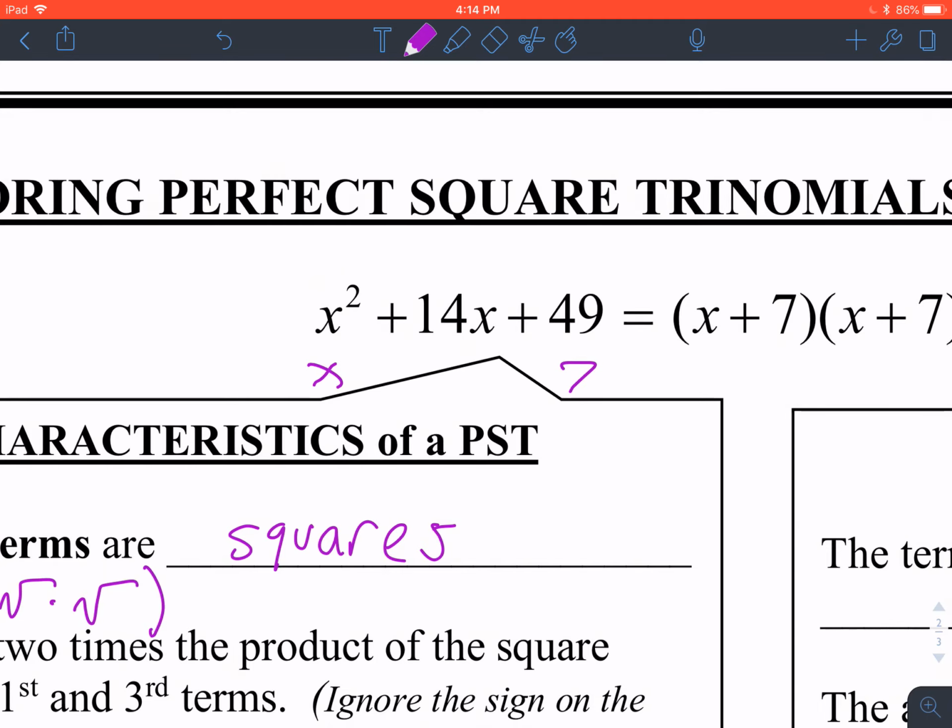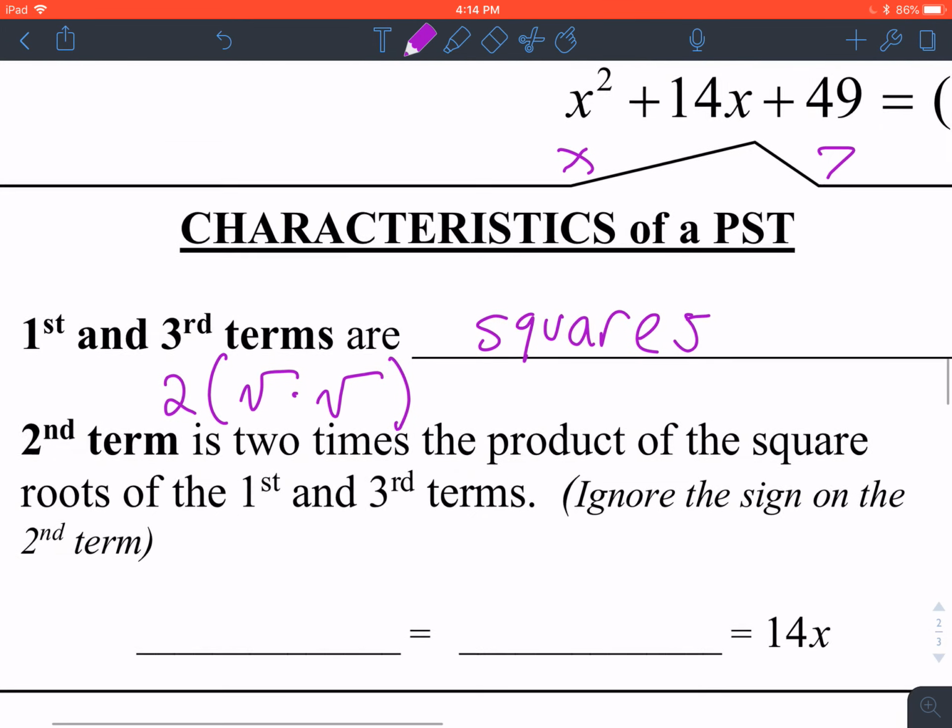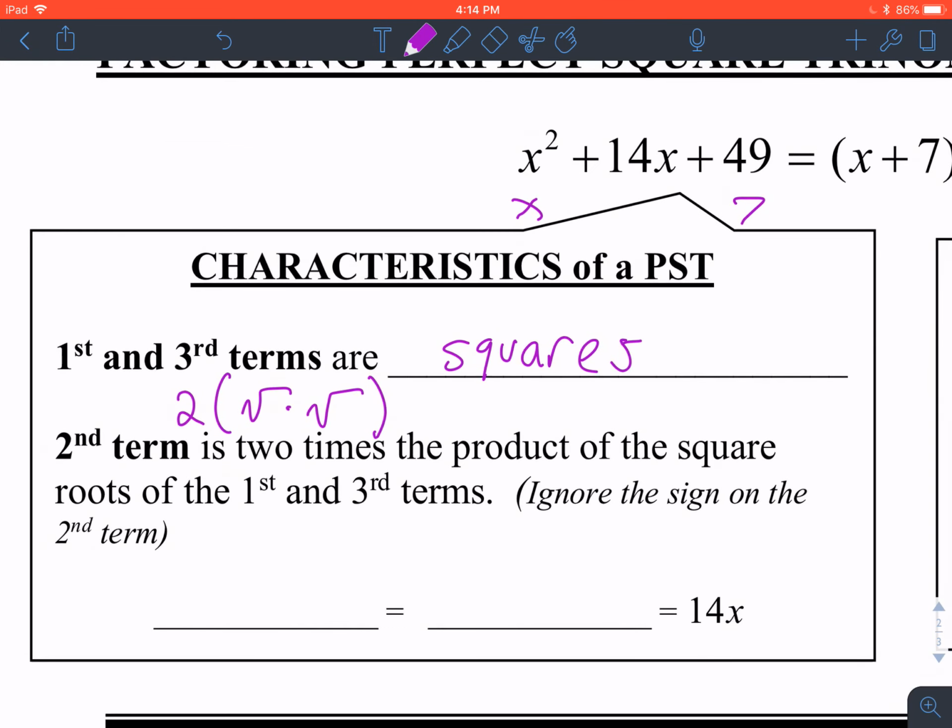It's 7. And then we got 14x because what we did, I'm going to kind of zoom out so you can see everything here, is we're going to do 2 times the square roots multiplied together. So we're going to multiply x times 7, and what's x times 7 going to be? Yep, so it's going to be 2 times 7x, and that equals 14x. That's where the 14x comes from here, okay?